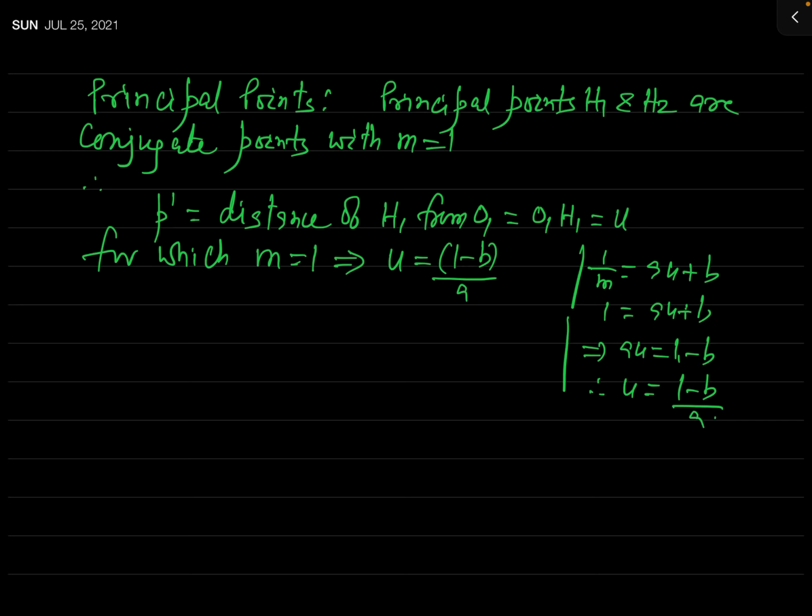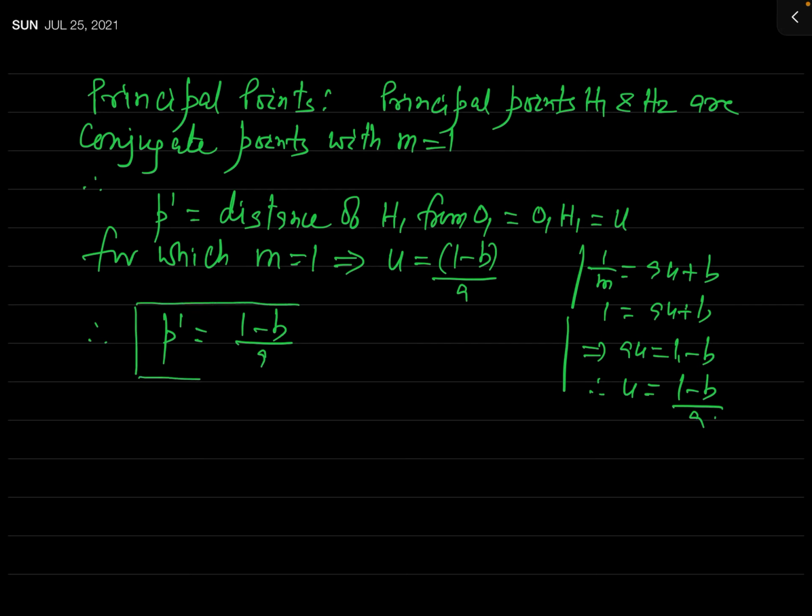This u is simply the distance of the first principal point from O1. So P prime is equal to 1 minus b over a.